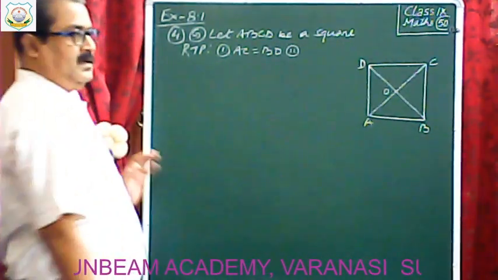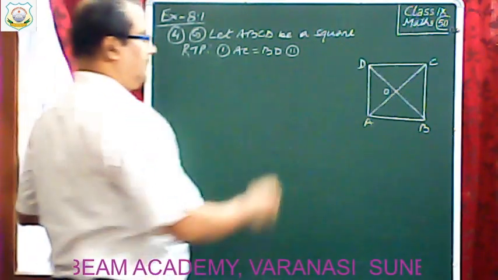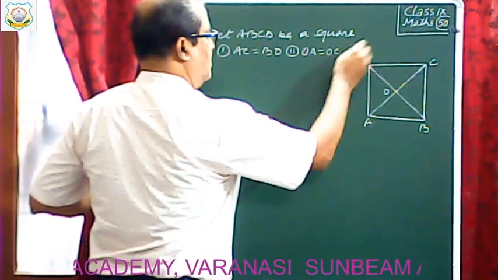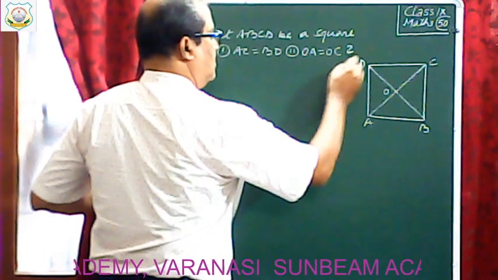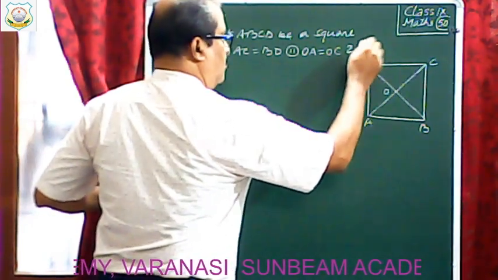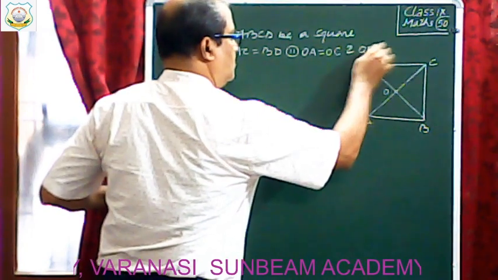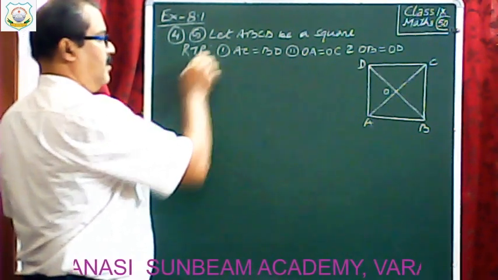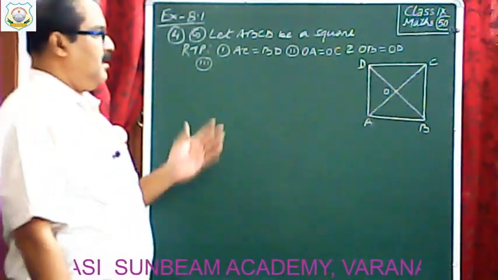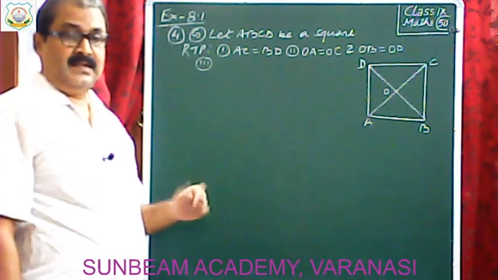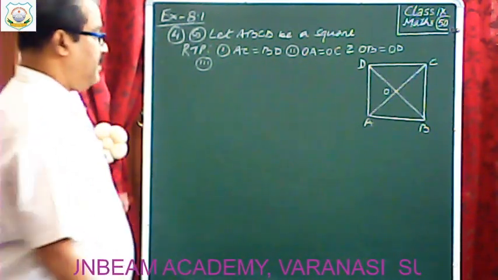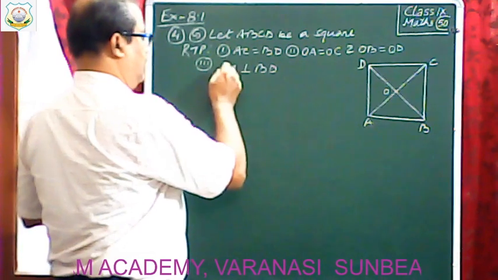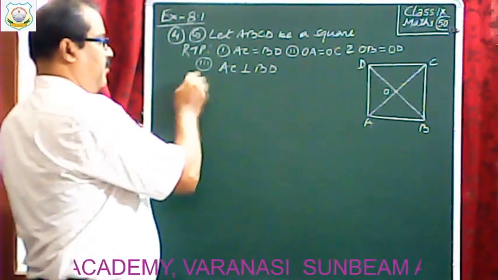Second, diagonals bisect each other, means OA equal to OC and OB equal to OD. And third, diagonals bisect each other at right angles. My diagonals are perpendicular, you have to show, means AC perpendicular to BD. Okay, proof.